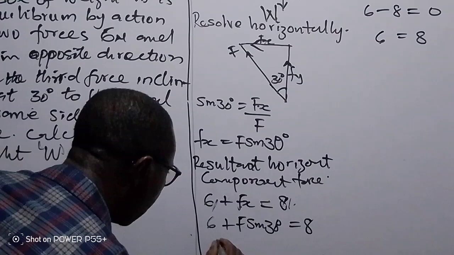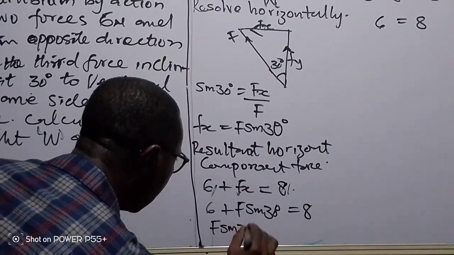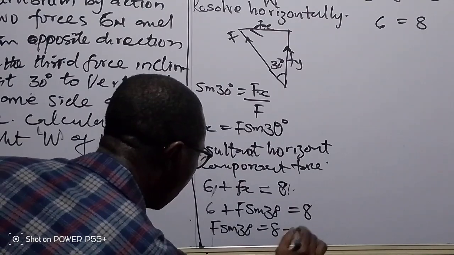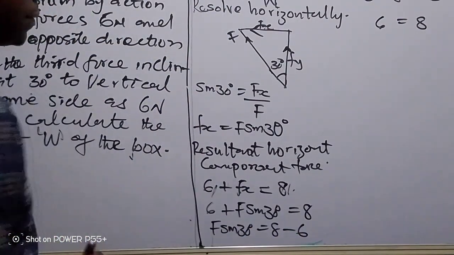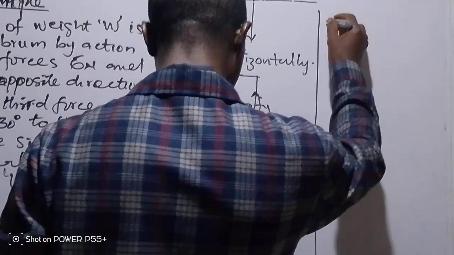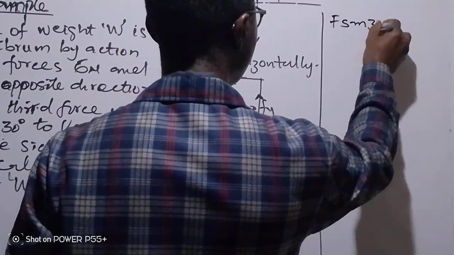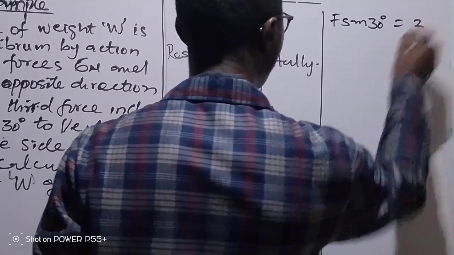Let's calculate F here. So our F sine 30 degree will be equal to 8 minus 6. Now, it will give us F sine 30 degree is equal to 2.